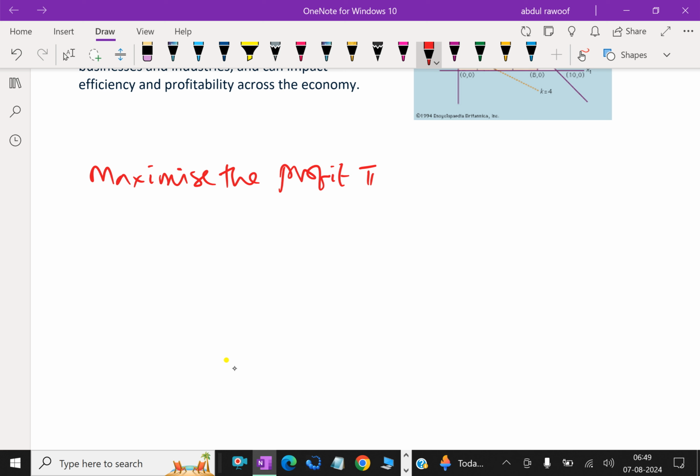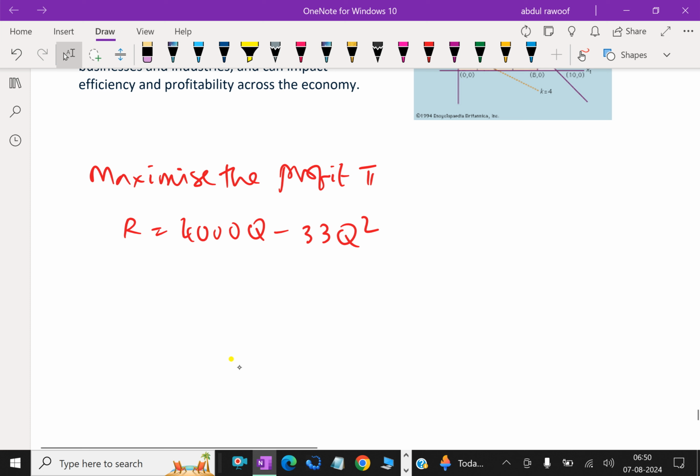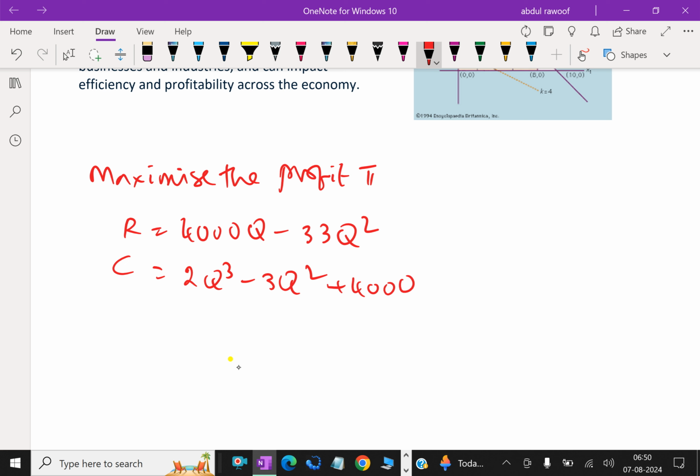Now, given revenue R equal to 4000q minus 33q square, and total cost is 2q cube minus 3q square plus 400q plus 5000. Assume q is greater than 0.